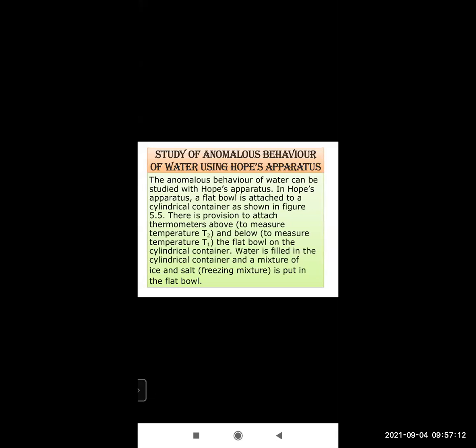There is a provision to attach thermometers above to measure temperature T2 and below to measure temperature T1 on the cylindrical container. If you see the figure, we can attach two thermometers. Water is filled in the cylindrical container, and the mixture of ice and salt, that is the freezing mixture, is put in the flat bowl.